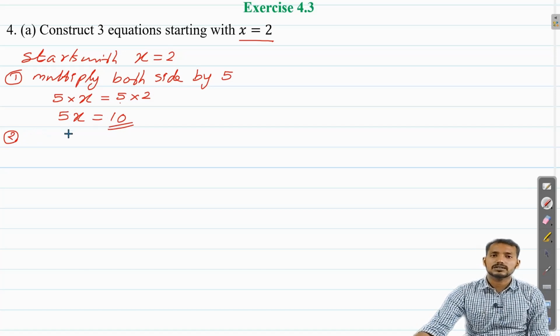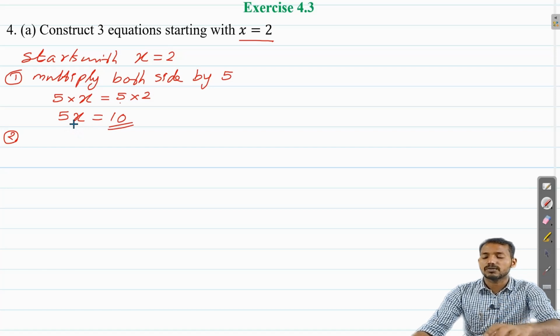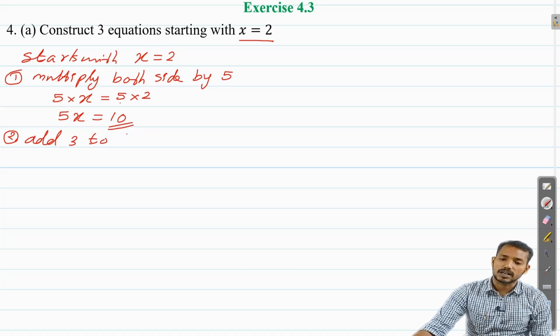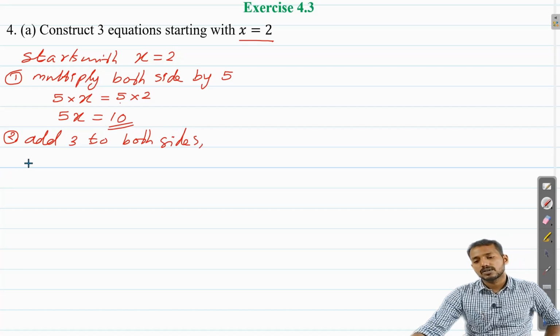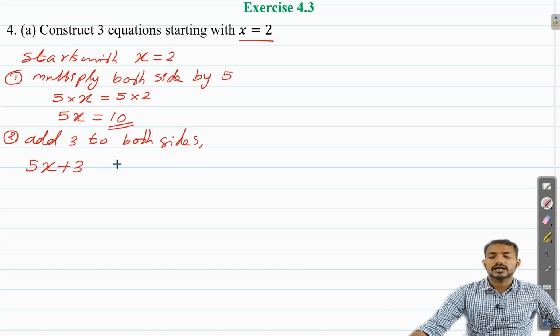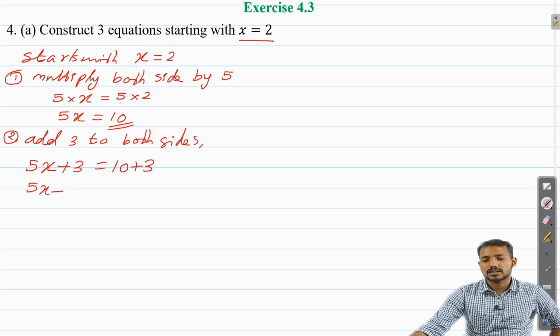But I am going to make one more modification on this equation, that is add 3 to both sides. Adding or subtraction, anything can be done. So what will I get? 5x plus 3, I am adding to the LHS equal to, I am adding to RHS also. But we will get 5x plus 3, which is equal to 13.